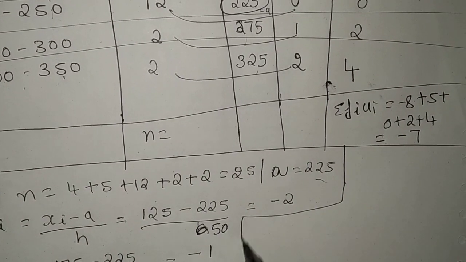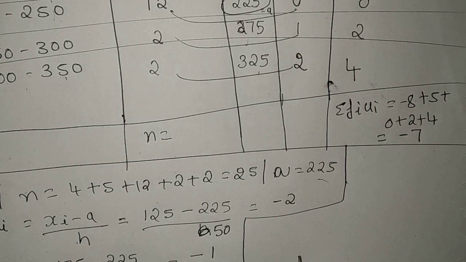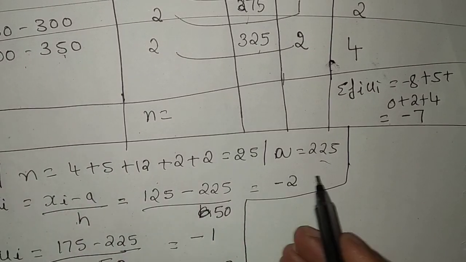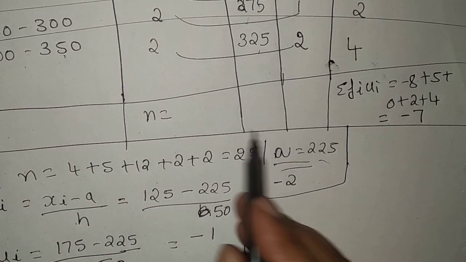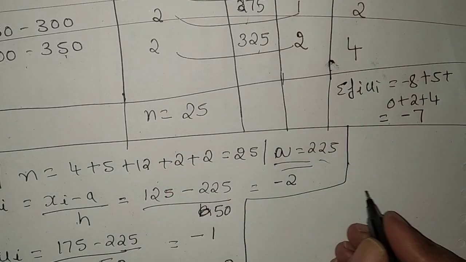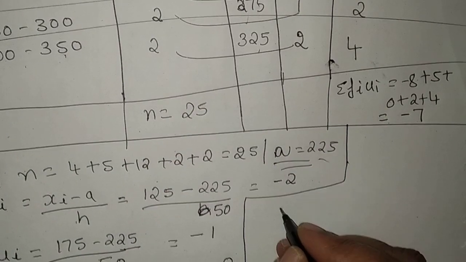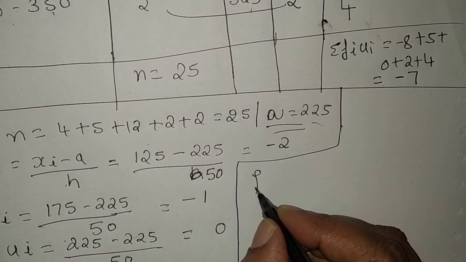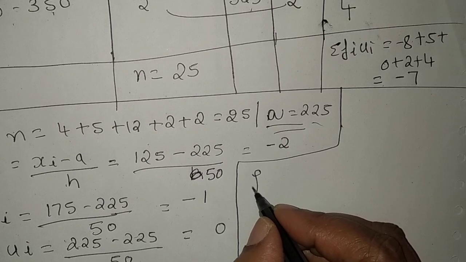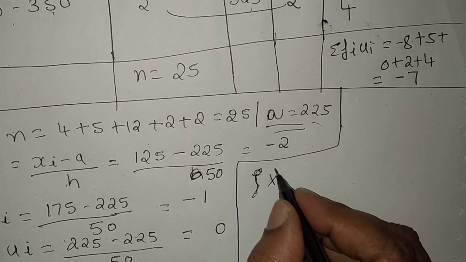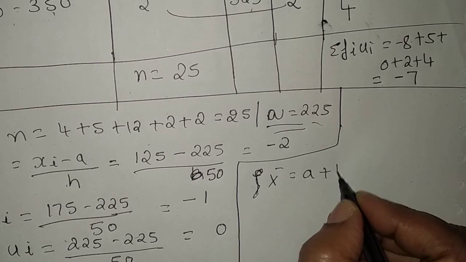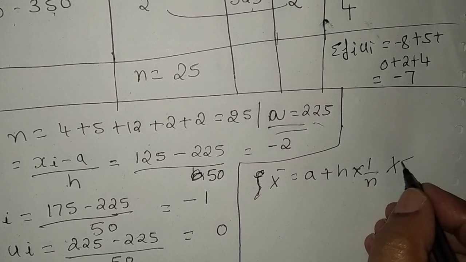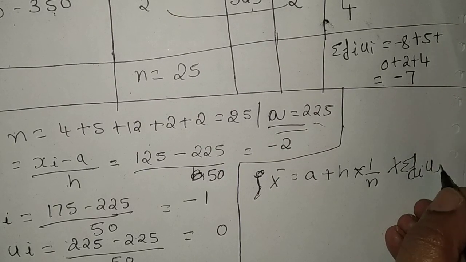Now we have to find out the mean daily expenditure. All the values are here: h is here, a is here, n is 25. What is the formula to find the mean daily expenditure? That is x bar is equal to a plus h into 1 by n into summation of fi ui.